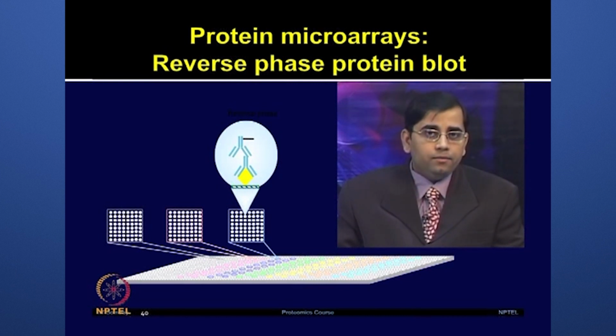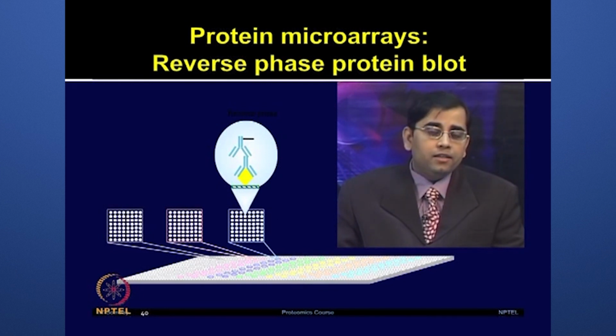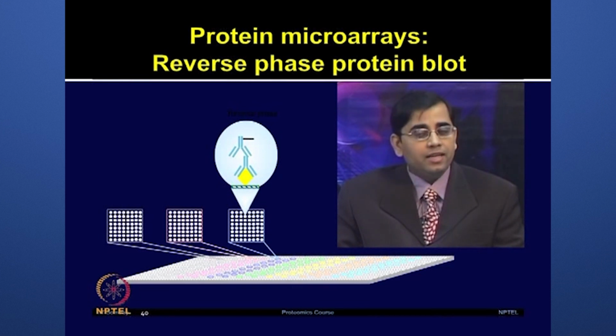All these three methods, the direct labeling, sandwich immunoassays and reverse phase protein blot, rely on antibodies. Obtaining good quality antibodies, and obtaining antibodies at the human proteome scale or any proteome scale, remains very challenging.